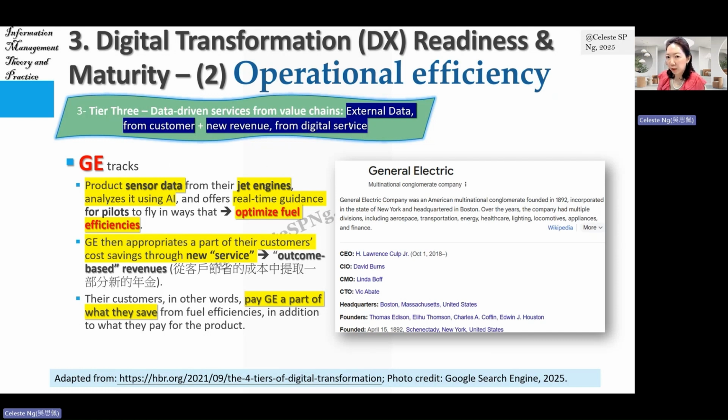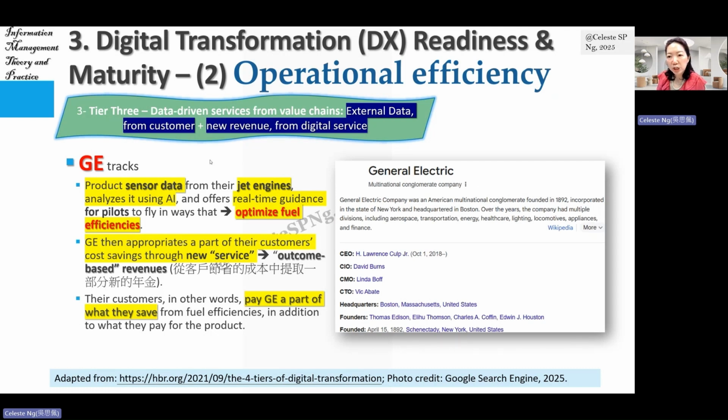In this case, we are looking at GE. We know GE is General Electric, and it is a more than century-old American multinational company. All right, and it specializes in various divisions, including aerospace, transportation, energy, healthcare, and so on.